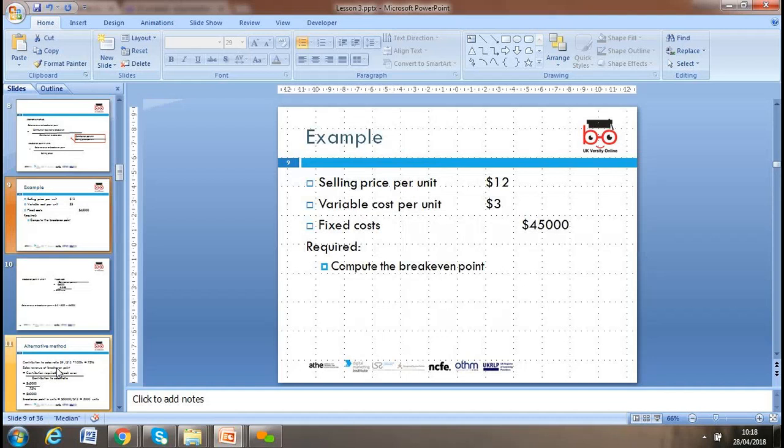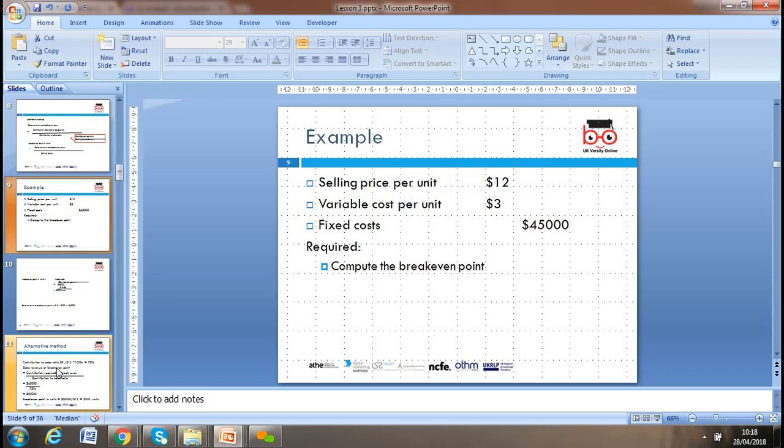Okay, for our selling price of 12 in this example, our variable cost is 3, our fixed cost is 45,000. So what will be our break-even then? The break-even point is fixed cost divided by contribution per unit. So fixed cost would be 45,000, divided by contribution per unit.